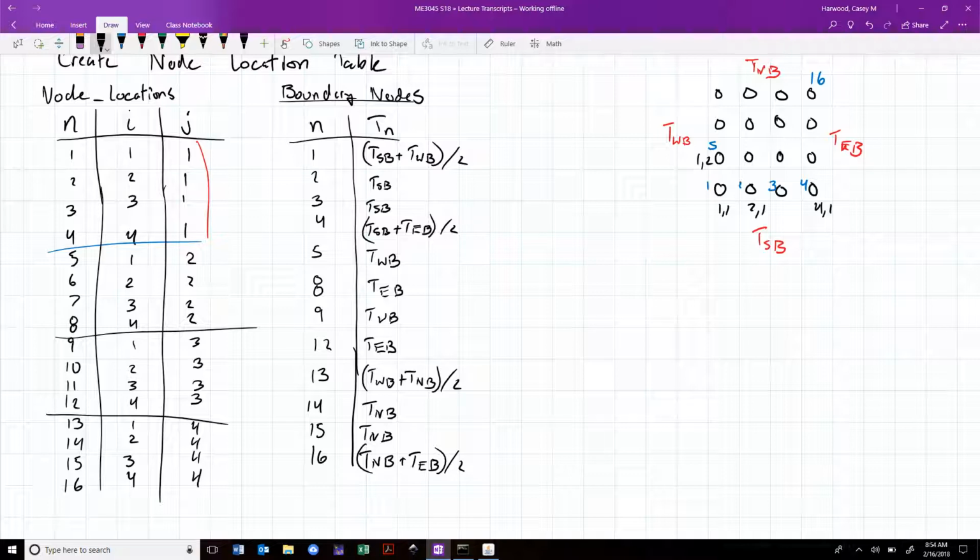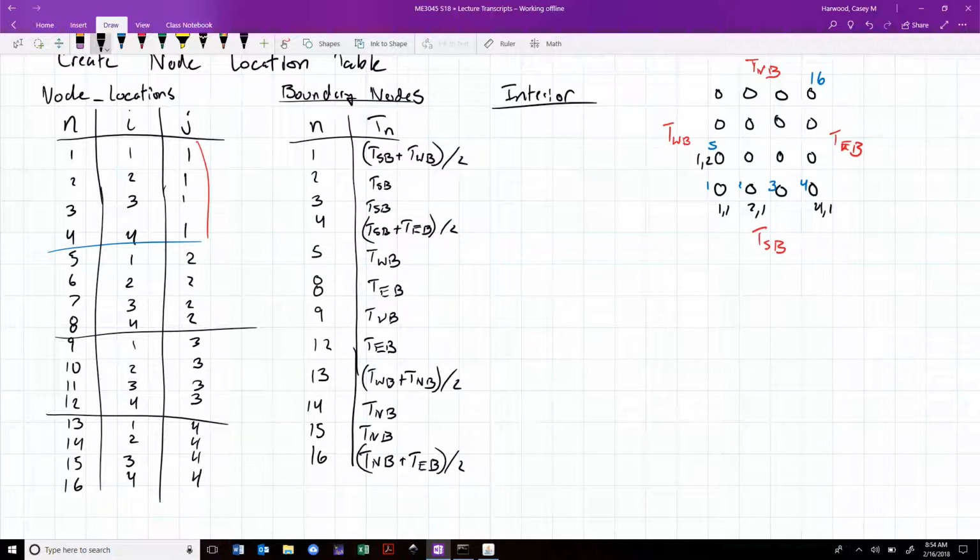So it helps to come up with an automated process for building these tables that can extend to grid sizes larger than this. And then finally, we're going to make just a list of the interior nodes.